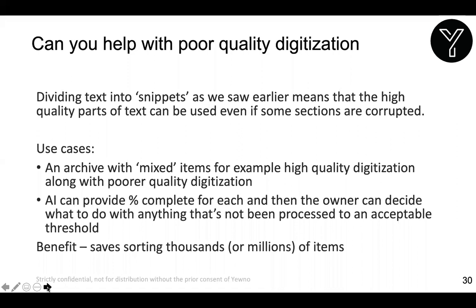So if, for example, you have an archive with a big range of mixed quality, you don't actually want to spend weeks or months wading your way through thousands or even millions of items to say which are high quality and which aren't, but they can be read algorithmically. The bits that are corrupted will be discarded, and you can have a percentage completion rate for each item. So then as a content owner, you can decide which bits you do or don't want to either redigitize or potentially to retype. So the benefit is that it saves you sorting through absolutely thousands or millions of items, and then the bits that can be used will be used.